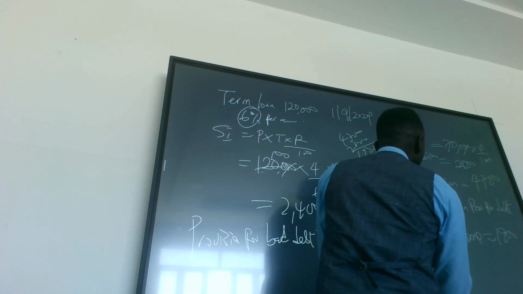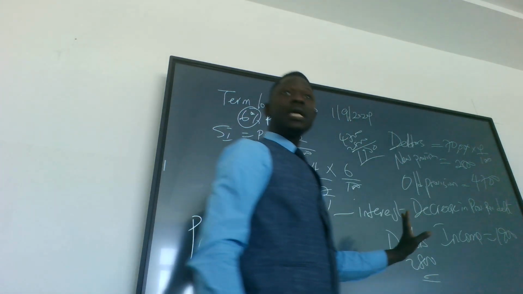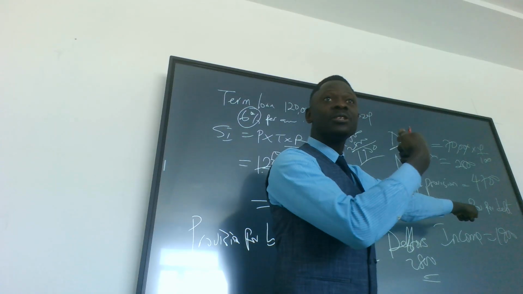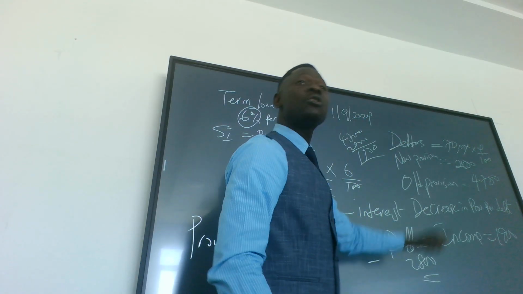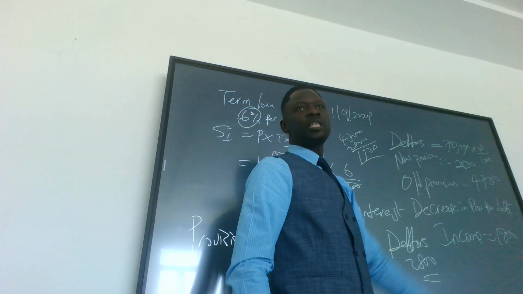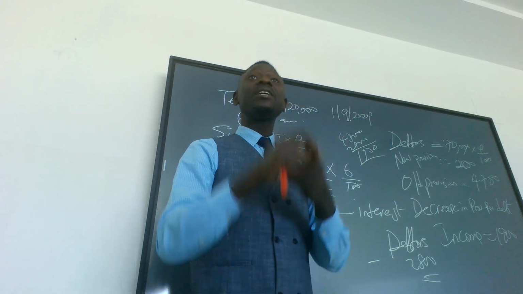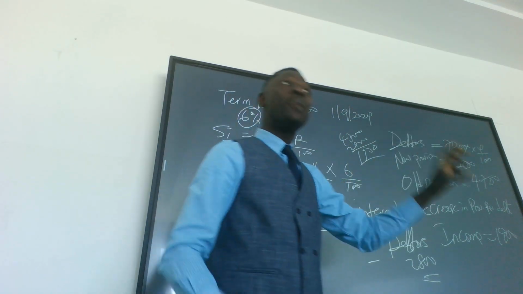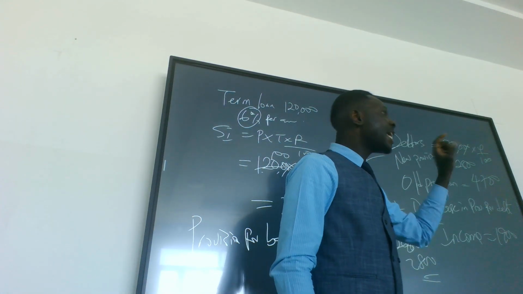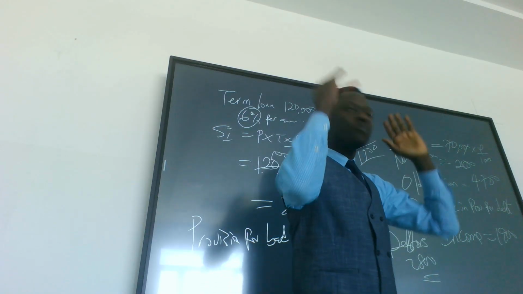No, the 1,900 goes to your profit and loss account. The new provision goes to your statement of financial position, the balance sheet. Either increase or decrease, in your balance sheet you minus from debtors.